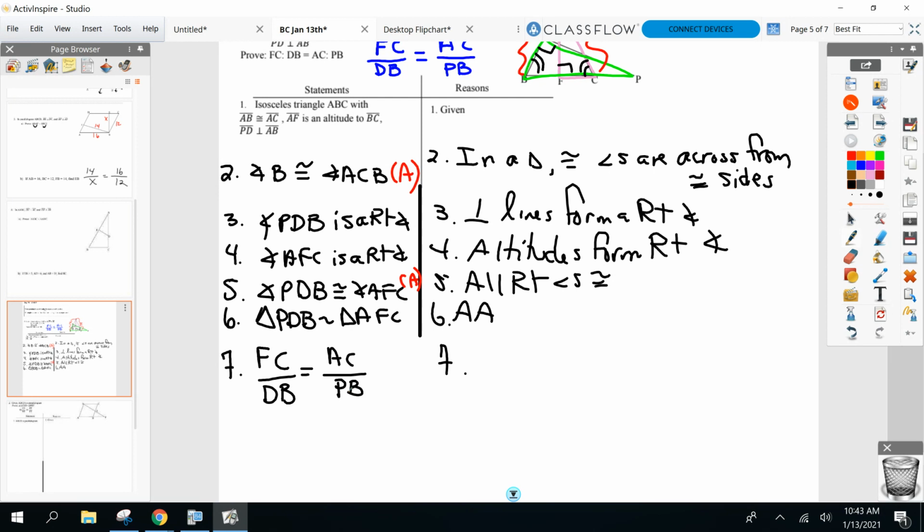The corresponding sides are proportional. If you want to write that, fine. But we do have an abbreviation at the top of your page. It's a relative of CPCTC. Corresponding sides in similar triangles are proportional. CSSTP. If you're going to use it, make sure the correct letters are in the correct order. That's all I ask.